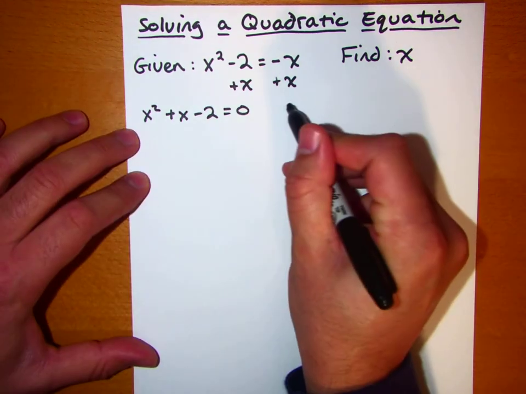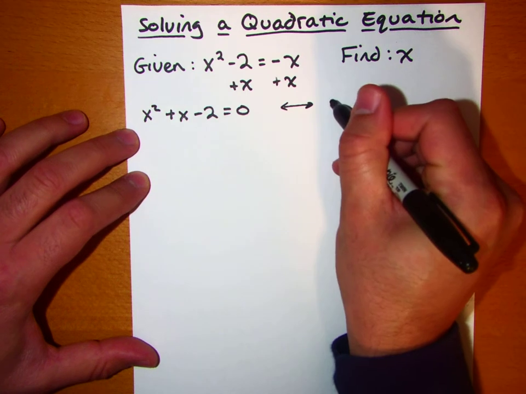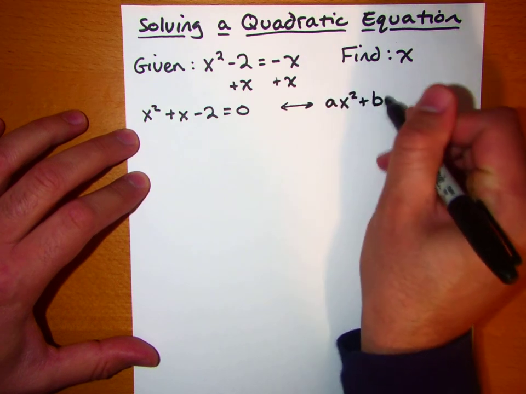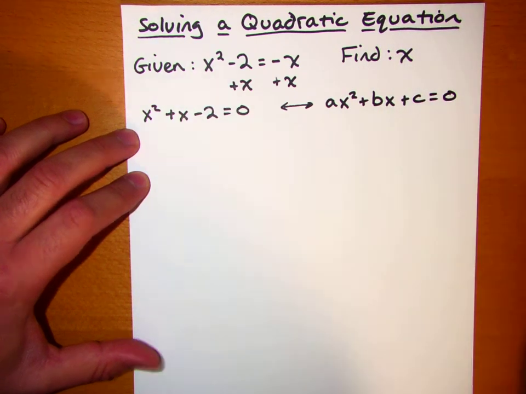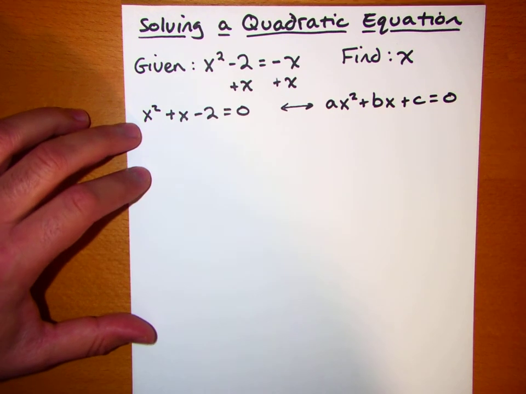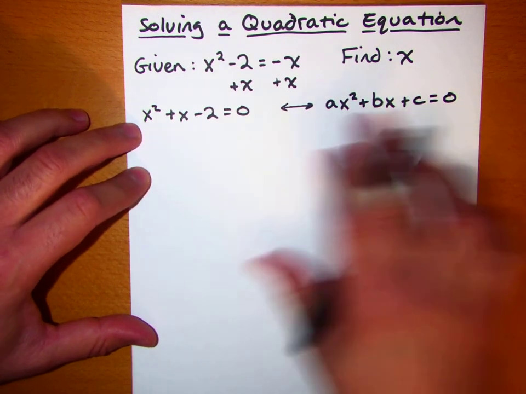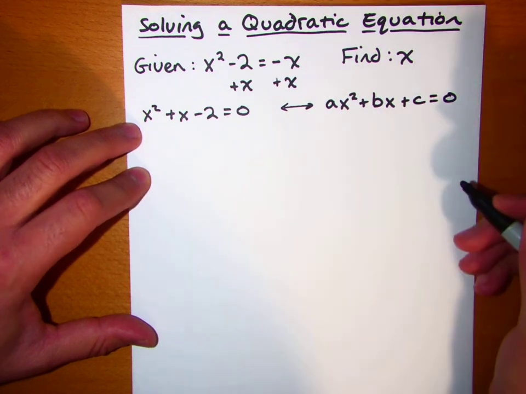Now, the quadratic equation can be generalized as ax squared plus bx plus c is equal to 0, where a, b, and c are just constant coefficients. They're just numbers. And we know the quadratic formula is what we use to solve for x.